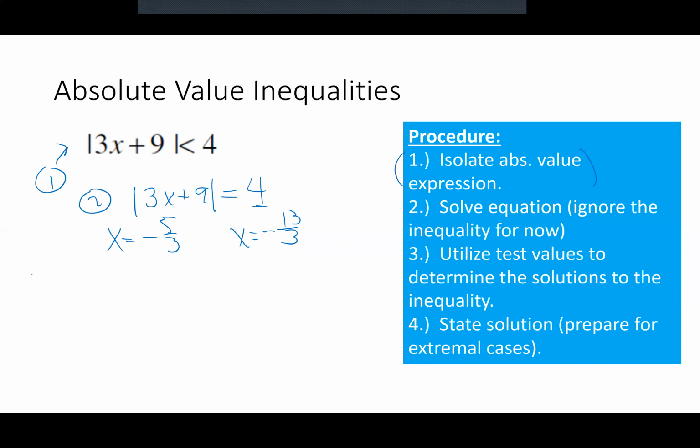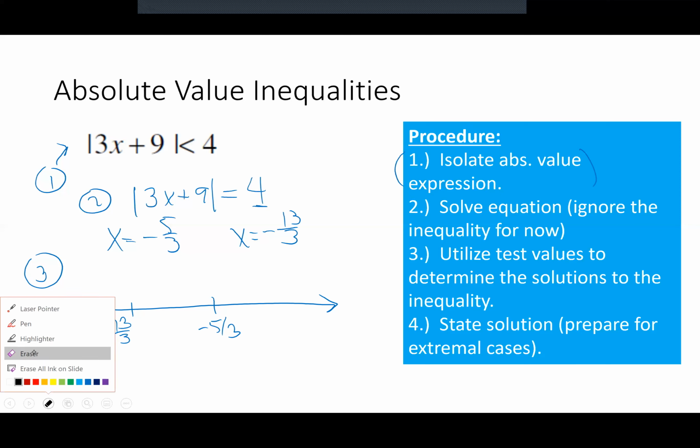We're going to use test values. So first, let's plot our points. So it doesn't really matter to me, but we'll just put 0 here. So here's negative 13 over 3. Sometimes it helps to write these as a decimal so that you know kind of what's going on. And we've got negative 5 over 3. Again, it doesn't matter, but the 0 is just there as a frame of reference. Now what I'm going to do, I know that at these particular points, we've got zeros.